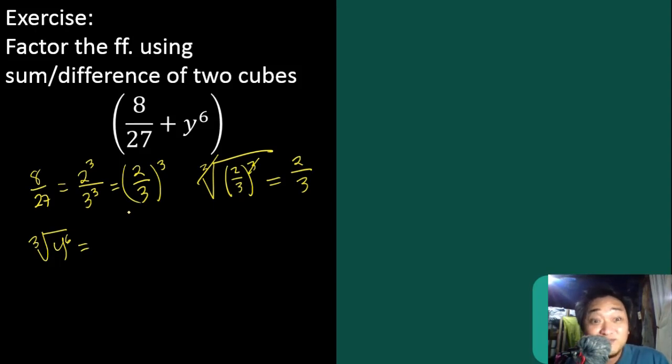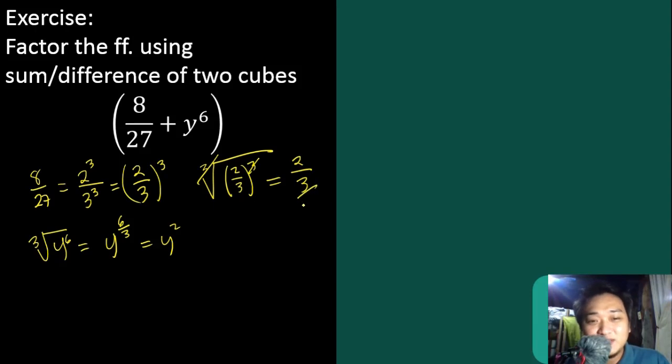Here, instead of dividing by 2, the easiest thing to do is divide by 3. So, the cube root of y raised to 6 is the same as the fractional exponent y raised to 6 divided by 3, the denominator being the root. What is 6 divided by 3? That is y squared.